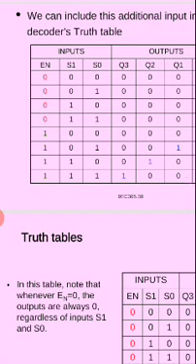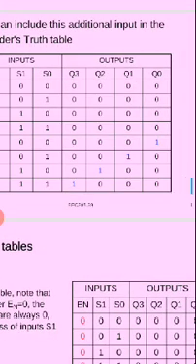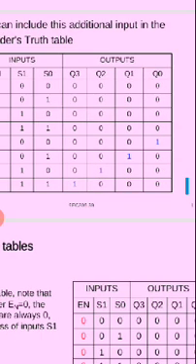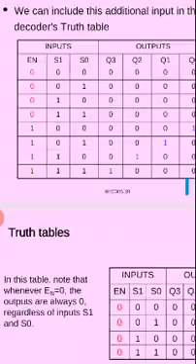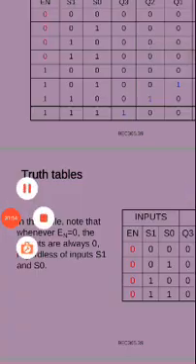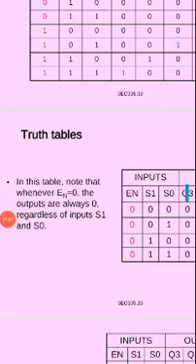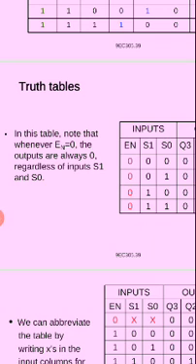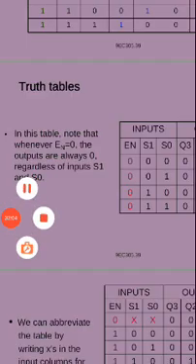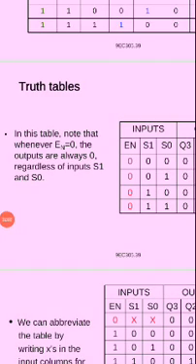Observe in the truth table, as long as the enable input is 0, all outputs Q3, Q2, Q1, Q0 remain 0.